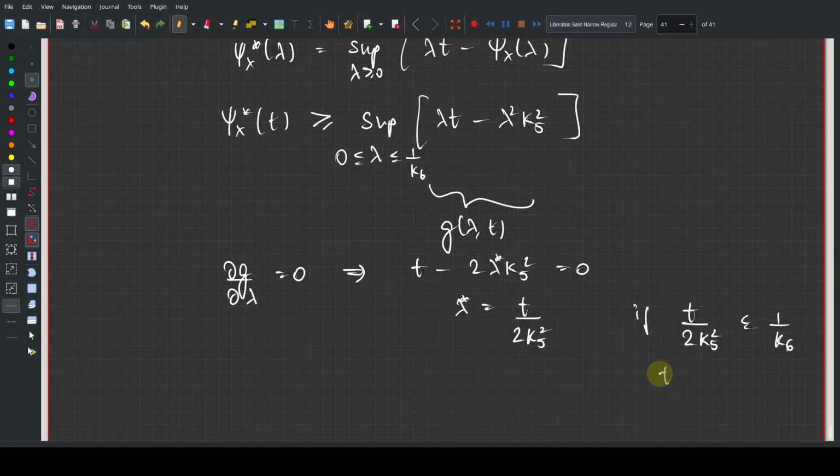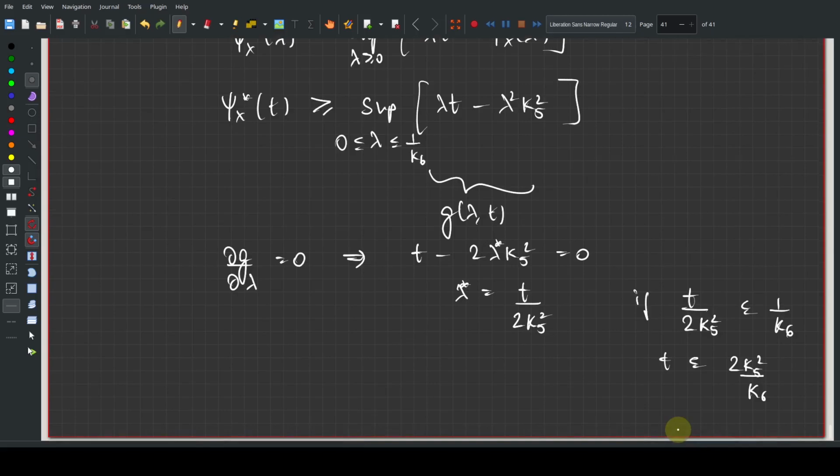Or t is less than or equal to 2 k phi square by k6. Okay, so now what do I do if t is greater than 2 k phi square by k6?